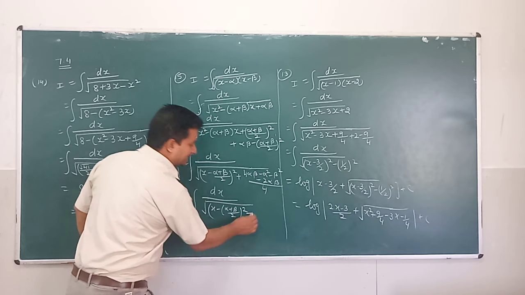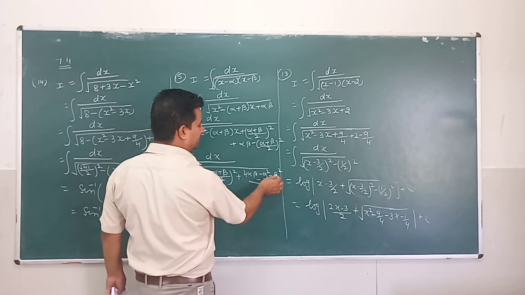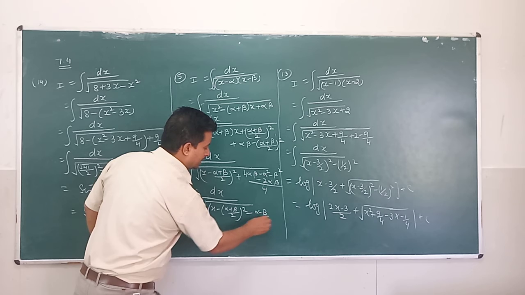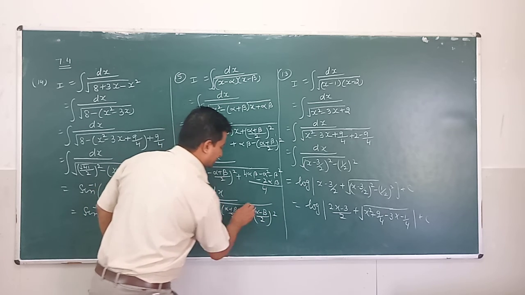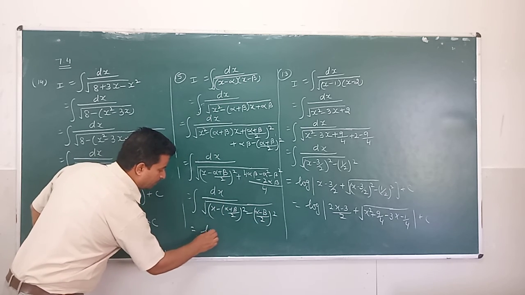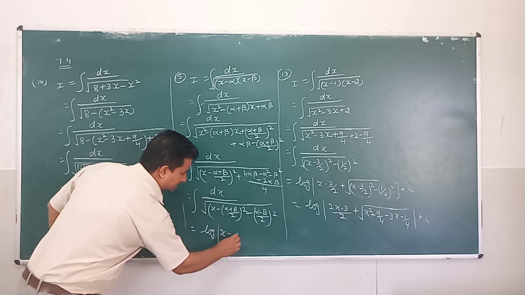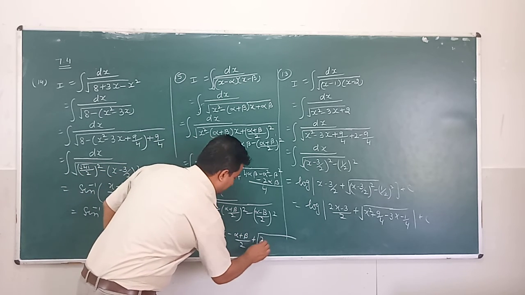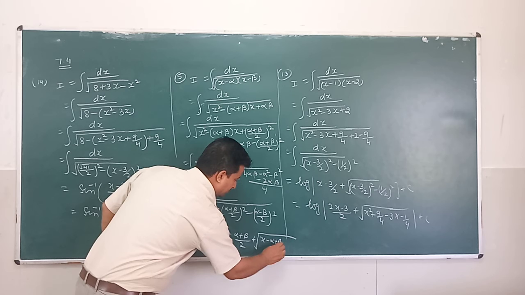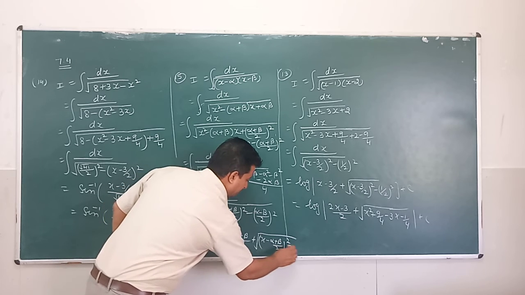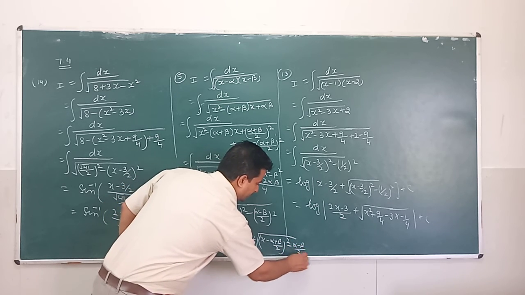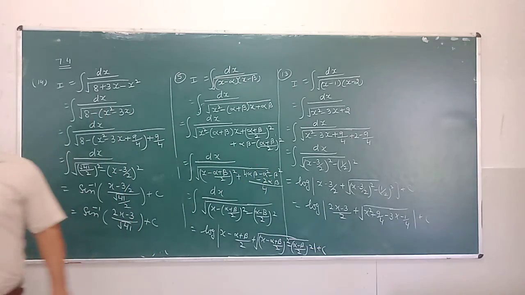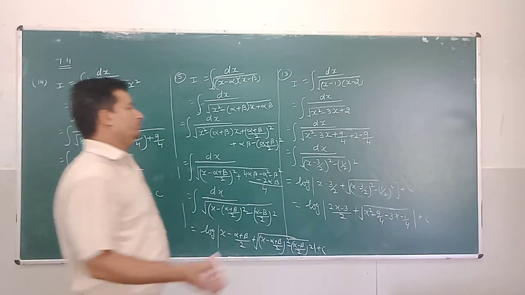When we take minus common, this is alpha square plus beta square minus 2 alpha beta, so it's alpha minus beta whole square. This is the formula of log x plus square root of x square minus a square. This is the answer plus c. So this is the answer of question number 15.